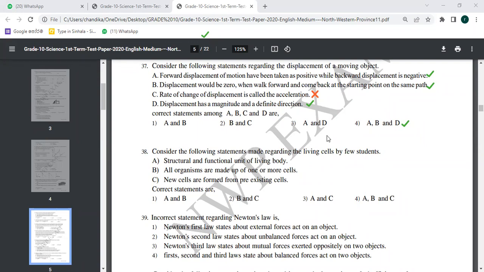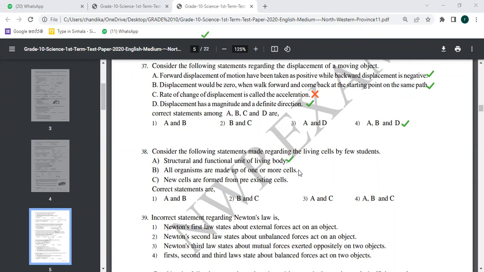Question 38, right? Consider the following statements made regarding the living cells by a few students. Structural and functional unit of living cell. That is true, no? Second one. Correct. All living organisms are made up of one or more cells.